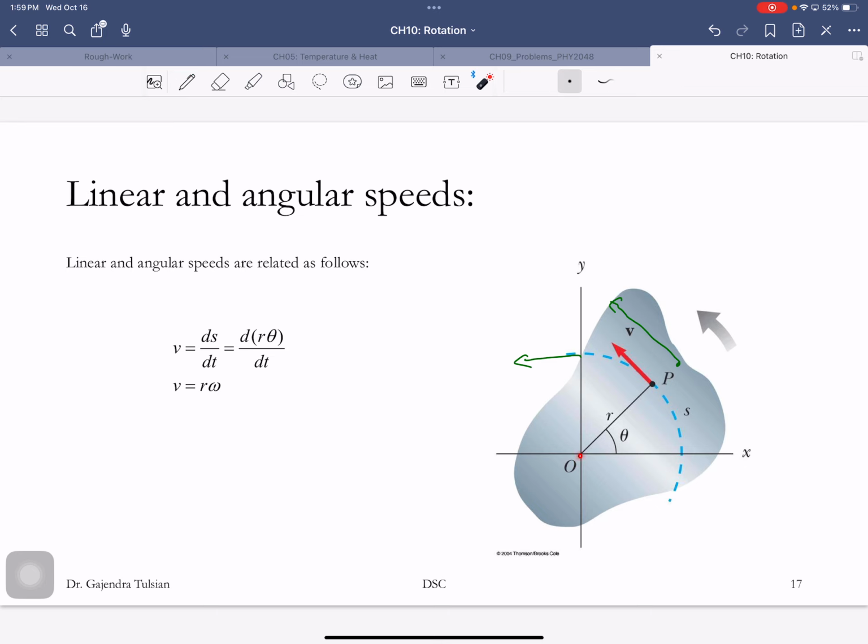The further out you are from the axis of rotation, the faster you're moving. The speed of that point is given by how far you are from the axis times the rotational speed of this object. So this formula relates the linear speed of this point to the rotational speed of the object.